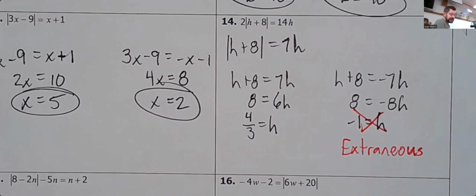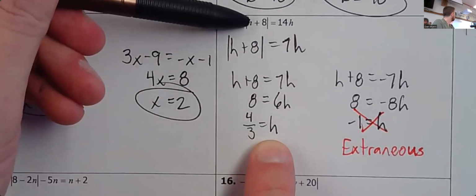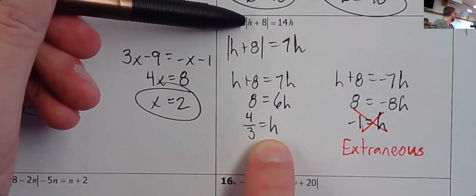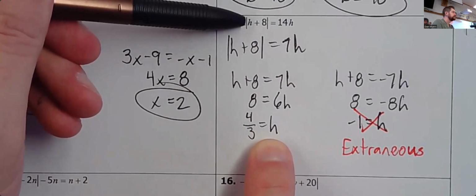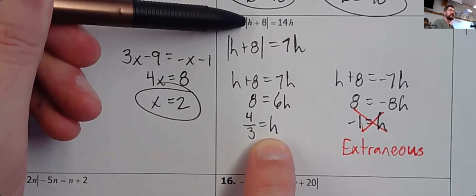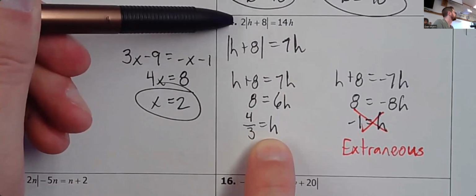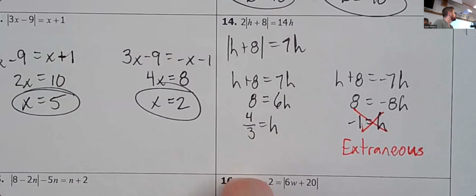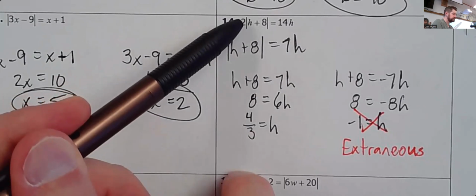All right, next one here. We got 4/3 plus 8. I think it's 28/3. Yeah, times 2 would be 56/3.